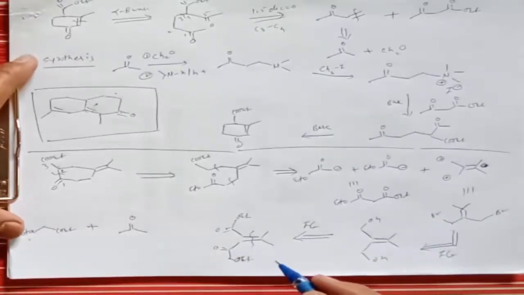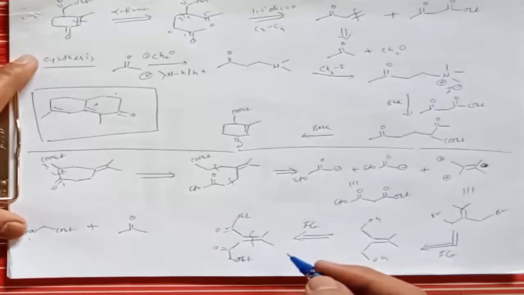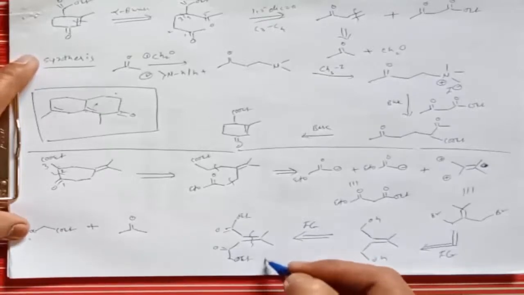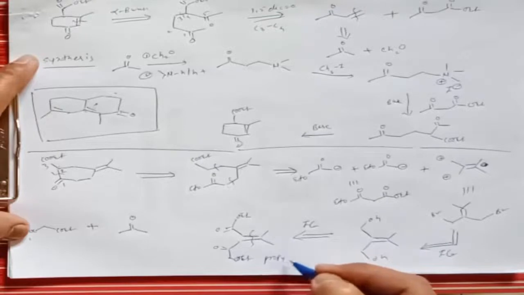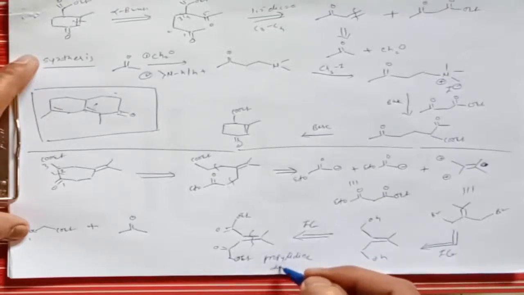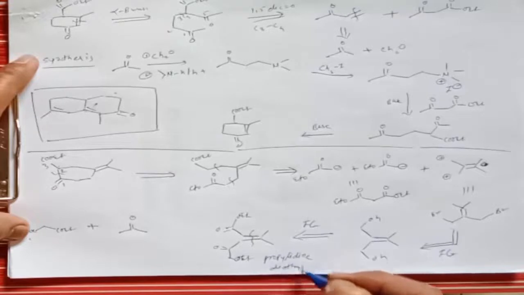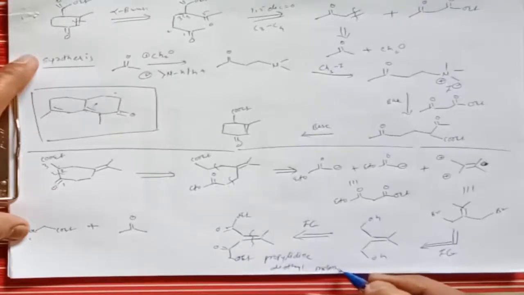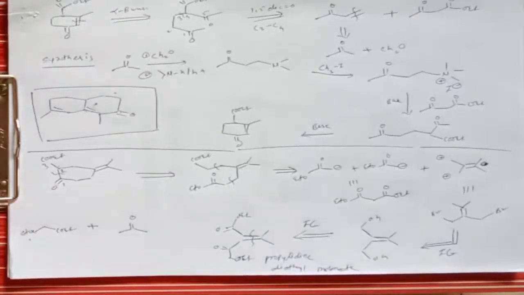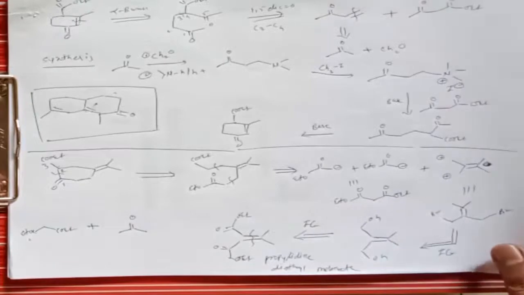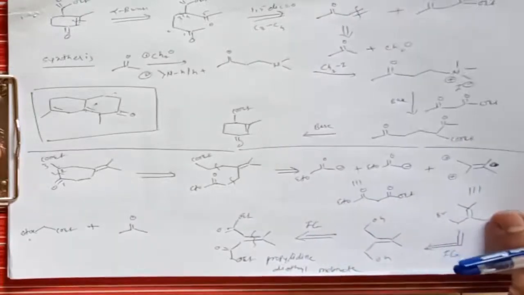So what is this molecule? This is propylidene diethyl malonate, and it can be easily synthesized by breaking at this alpha-beta system, and therefore we can get such a type of synthetic equivalent.